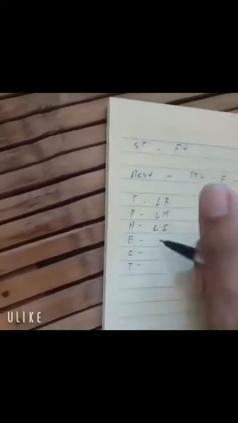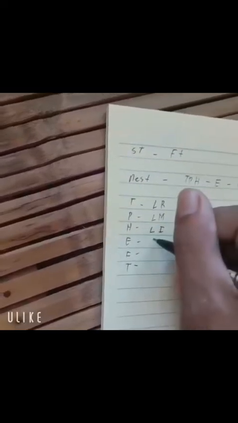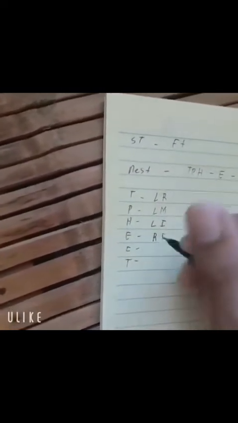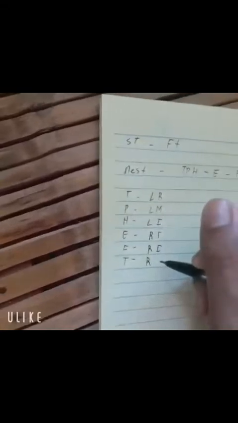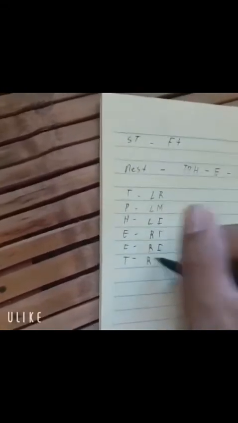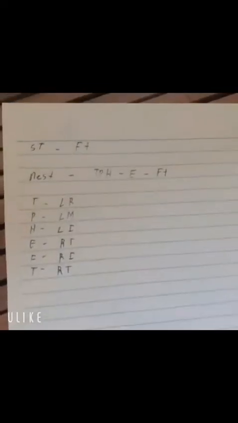Yung E is right thumb. F, right index. Yung T is right thumb. So, ito po yung example ng ending letters na ST.